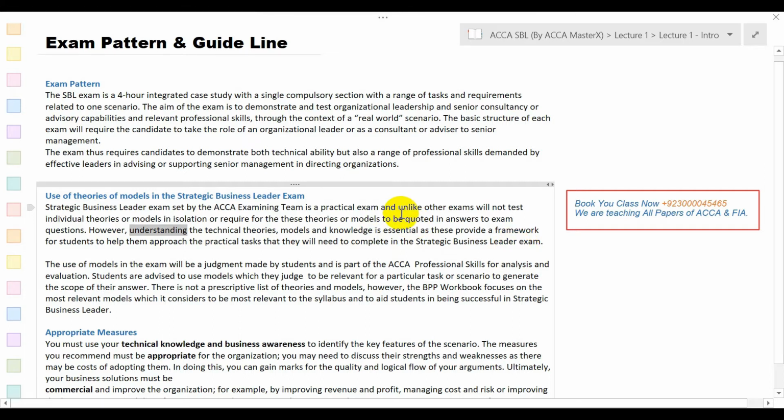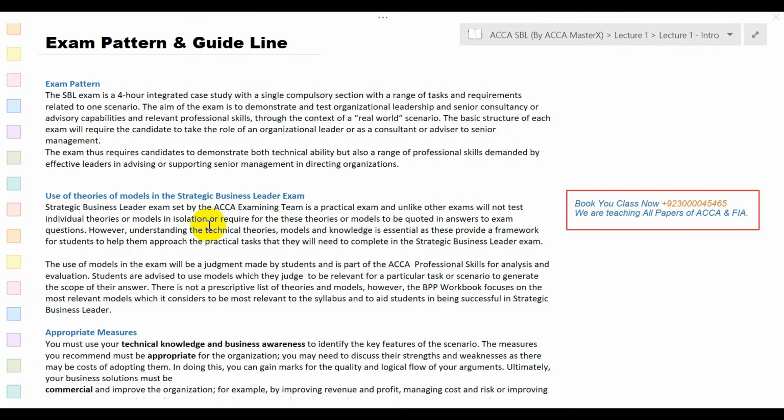But unlike other exams, the SBL exam will not test the individual theories or models in isolation.